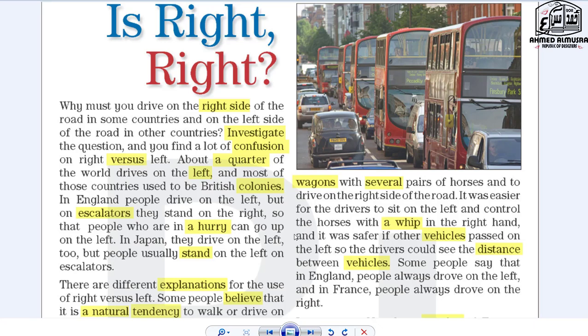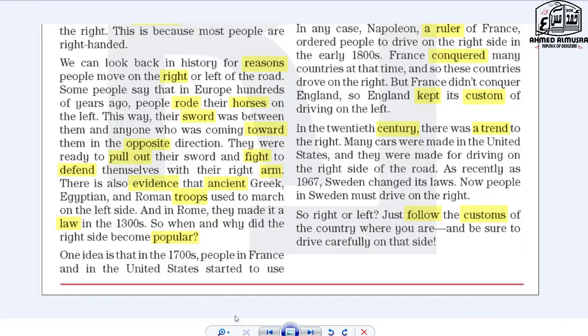In Japan, they drive on the left too, but people usually stand on the left on escalators. There are different explanations for the use of right versus left. Some people believe that it is a natural tendency to walk or drive on the right. This is because most people are right-handed.